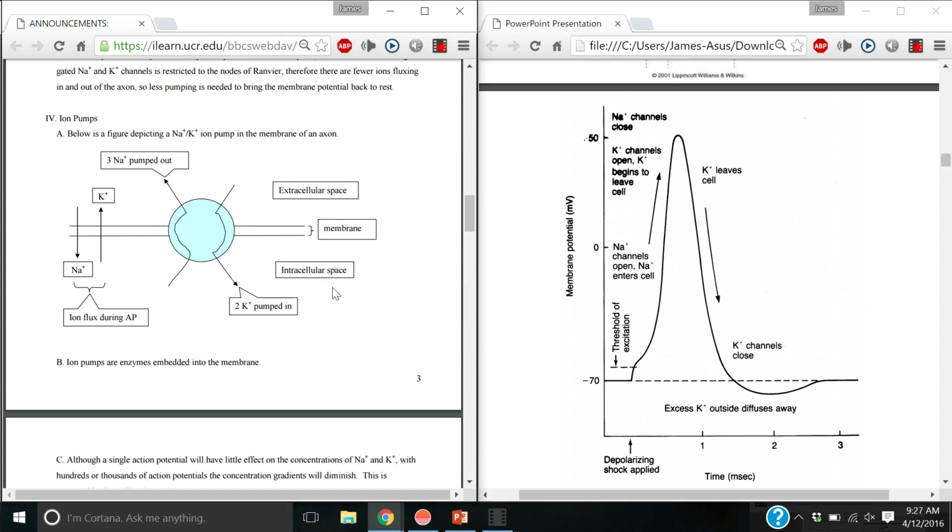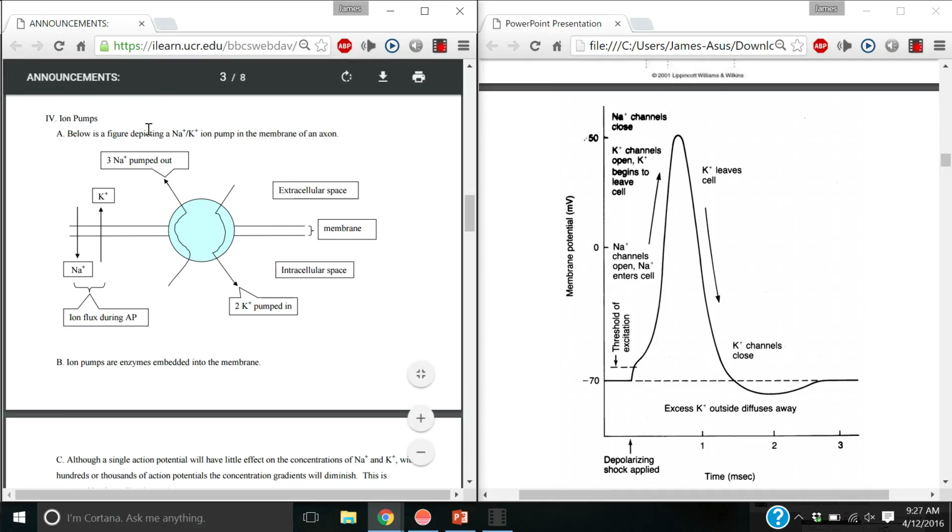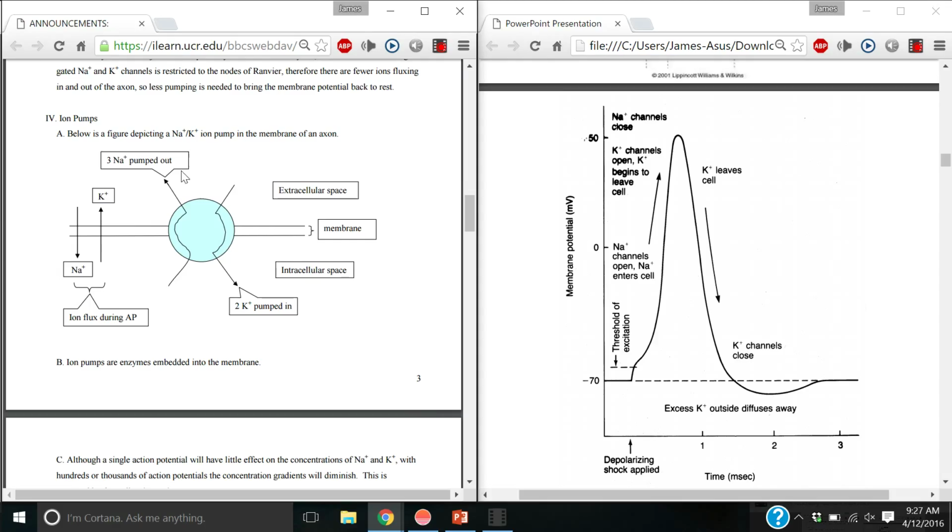In this case, the pump moves 2 ions of potassium in for every 3 ions of sodium pumped out. Instead of memorizing which direction things are pumped, just remember it's opposite from the direction ions travel during the action potential, because this is normalizing the concentration gradient after a number of action potentials.